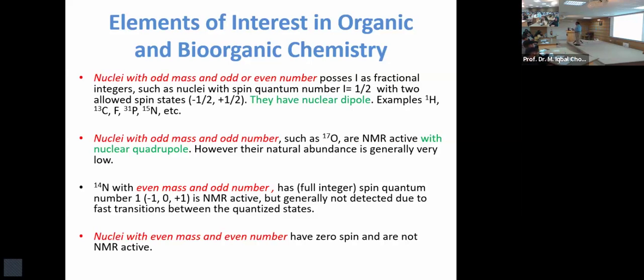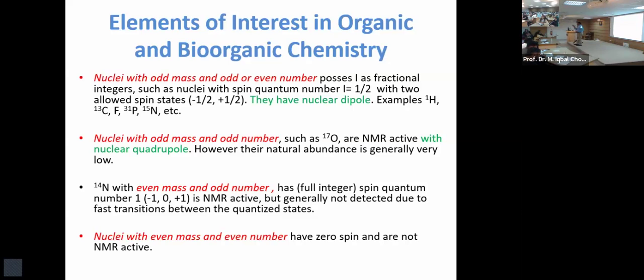NMR is extremely different from the other spectroscopy techniques. In other spectroscopy techniques, everything is in the low energy state. It absorbs and it goes to the high energy state. All species are in low energy. And the energy difference is just phenomenal.